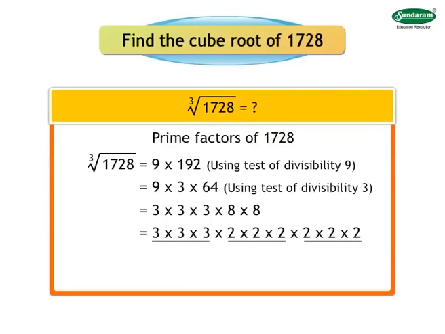As we are finding cube roots, we have to make sets of 3 numbers. Now to find the cube root, we take single numbers from the sets. We get cube root of 1728 is equal to 3 into 2 into 2. Therefore, cube root of 1728 is equal to 12.